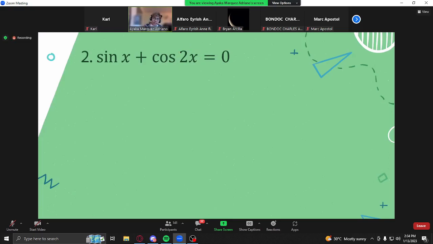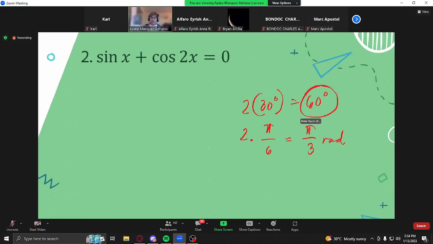In common sense, kung 30 degree yung angle, dodoblehin mo siya, it will become 60 degree angle. Kung pi over 6 radian siya, pag nag-multiply ka ng 2, you have to double your radian measure. So that will be equal to pi over 3 radians, which is equivalent to the 60 degree angle. So yun yung ibig sabihin ng cosine 2x dito.